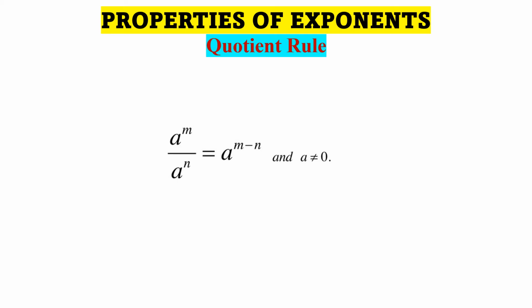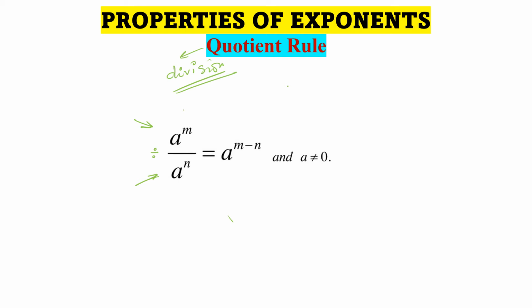Next property is called the quotient rule. What is meant by quotient rule? Quotient means division, means something is dividing by something. So what have you seen? That a to the power of m is dividing by a to the power of n. So something is written in the numerator and something is in the denominator.